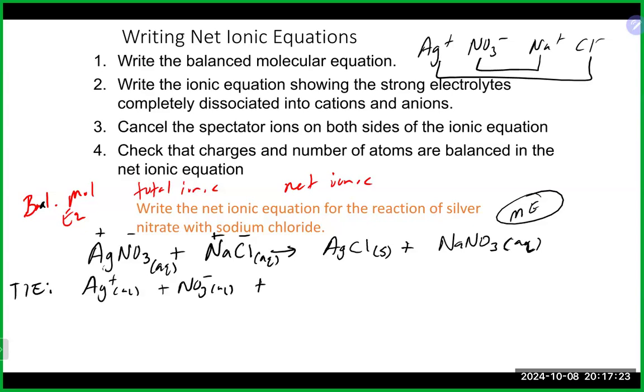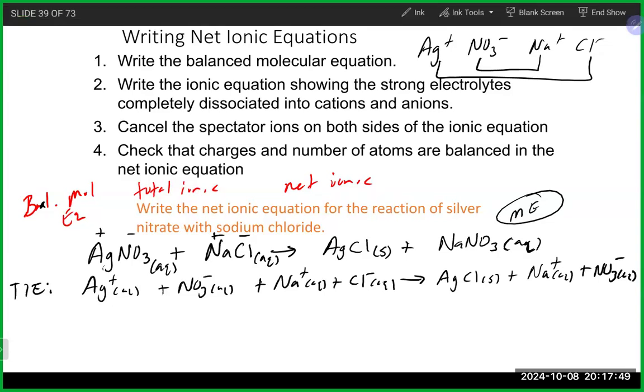So will our sodium chloride break apart into a sodium ion and a chloride ion. Once again, our solid will stay together, otherwise it would not be a solid. And our sodium nitrate will break apart into ions of sodium and nitrate. This would be, again, our total ionic equation.